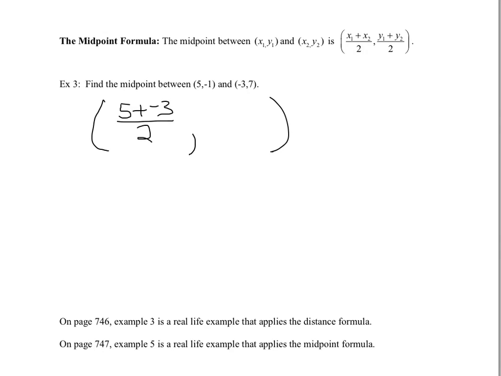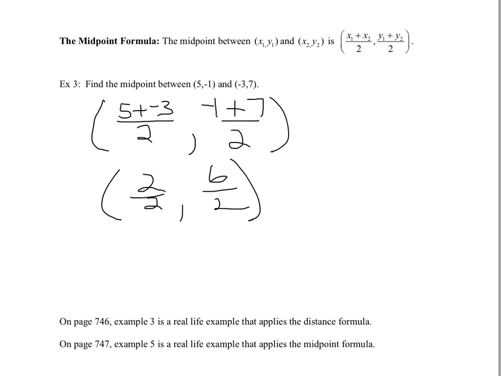And for the y value, we're going to average the y values in our two original points. So negative 1 plus 7, divided by 2. We end up with 2 divided by 2 and 6 divided by 2, which gives us a midpoint of 1, 3.